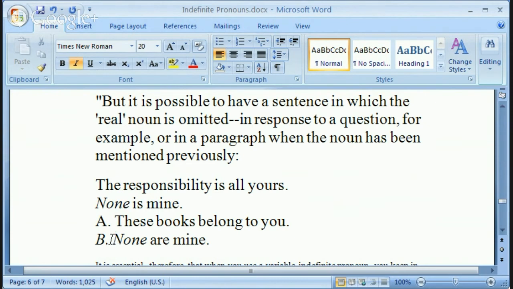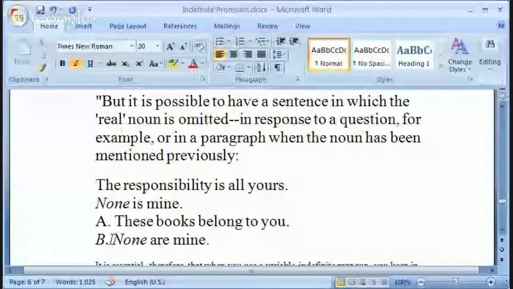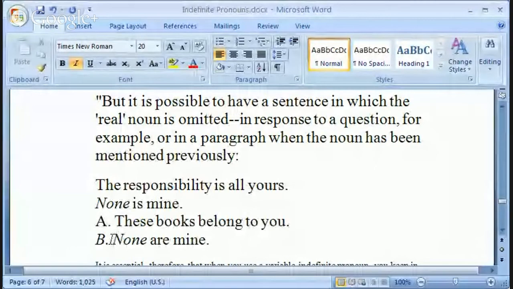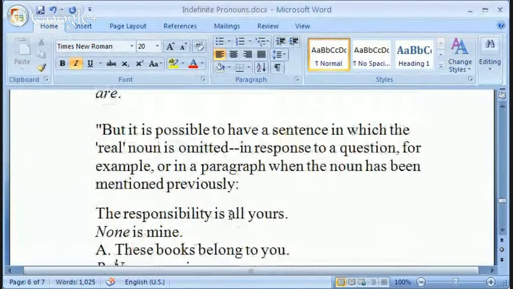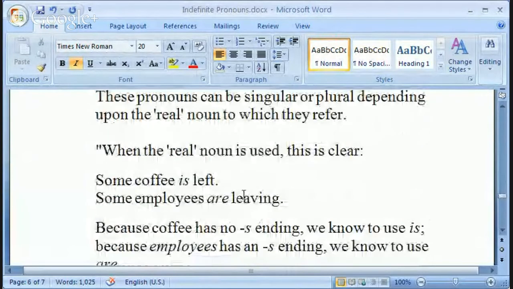None refers to zero of those books being mine. So it's referencing those books, in place of those books. So you have to realize what noun it's referring to.